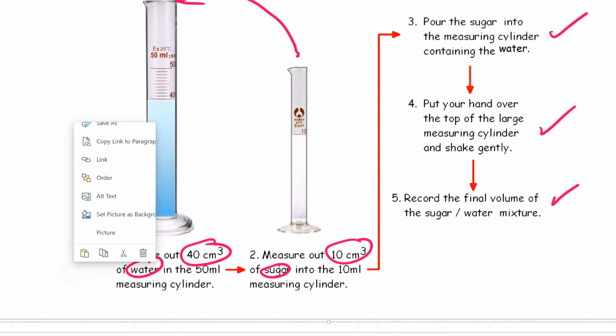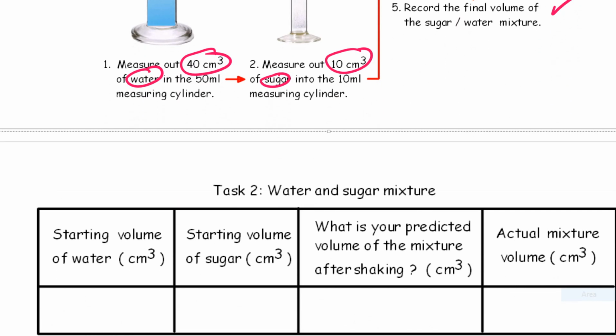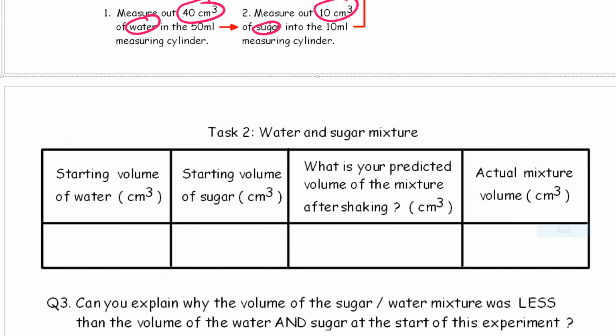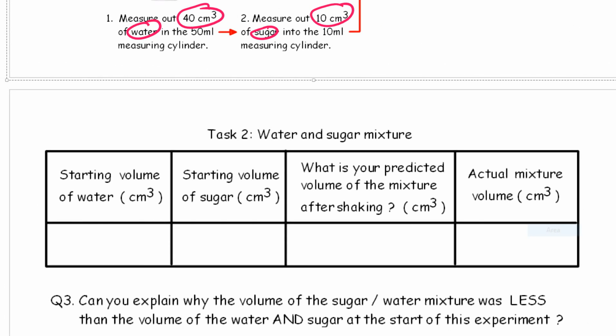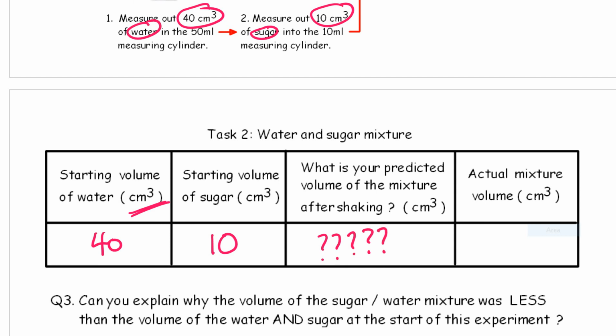So, once again, the starting volume of the water, 40. Don't need to write in the units. The units are in the headings. 10 centimetres cubed of sugar. What is your predicted volume? You write in your value here now. Don't be afraid to get it wrong. And let us have a look at the final video.